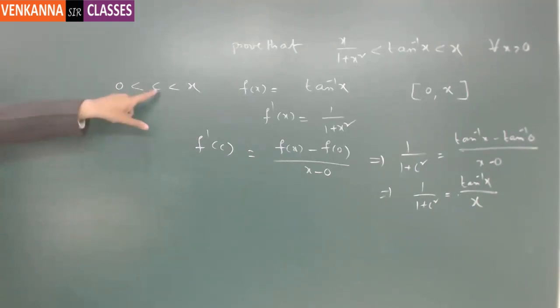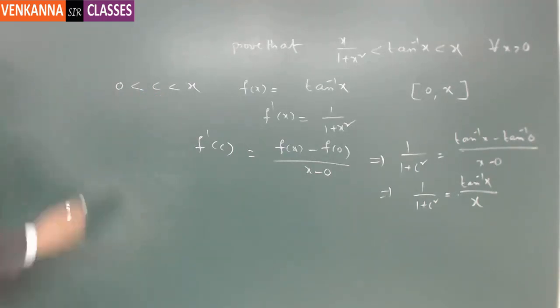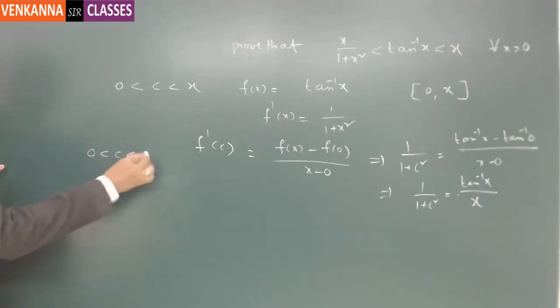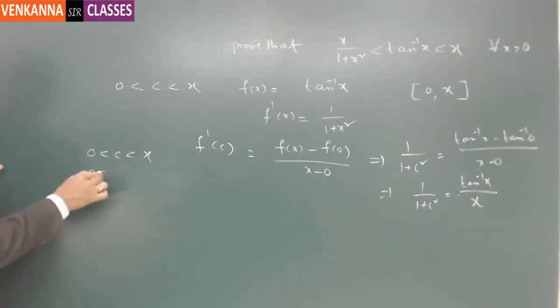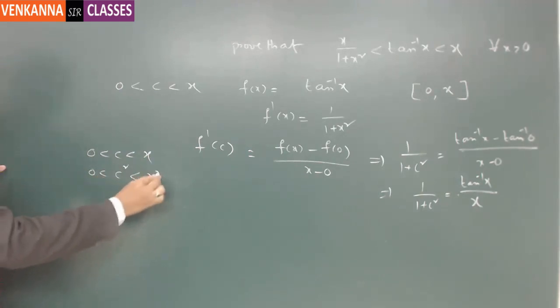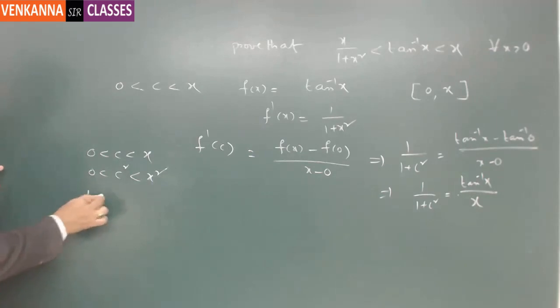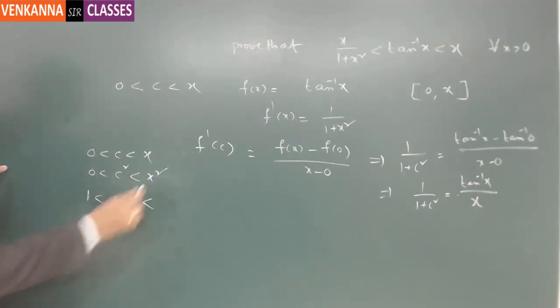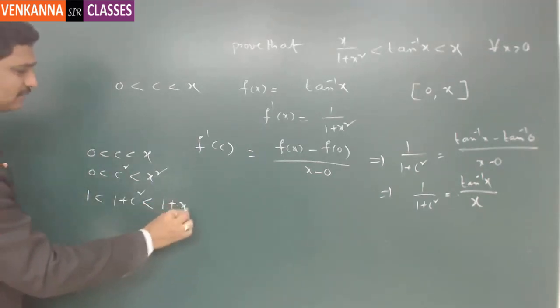Then let us take the same inequality again here. So 0 less than c less than x, squaring on both sides. 0 less than c square less than x square. Then you have 1 less than 1 plus c square is less than 1 plus x square.